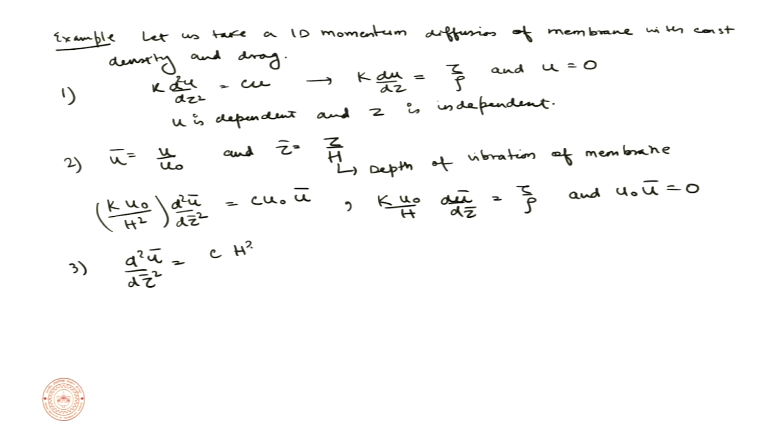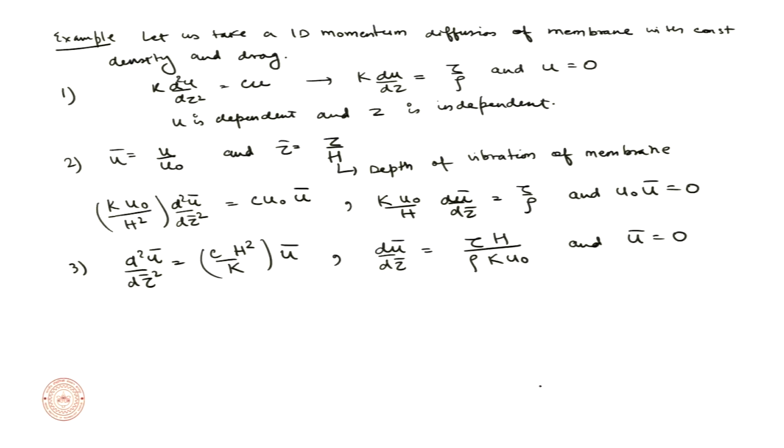So, c h squared by k into u bar, and then we will have this again, this is the highest order derivative, that is du bar by dz bar. So, du bar by dz bar equals tau into h by rho into k into u naught, and we will have u bar equals 0.